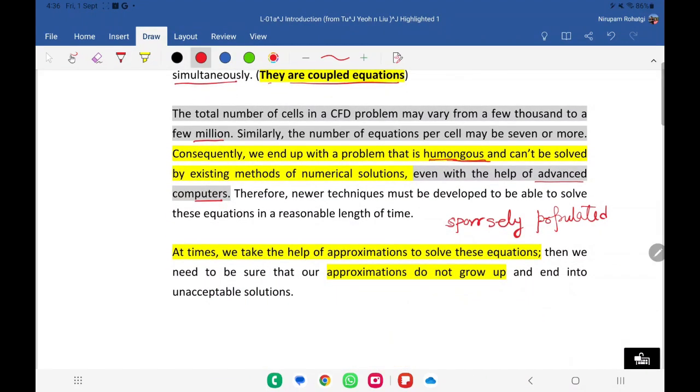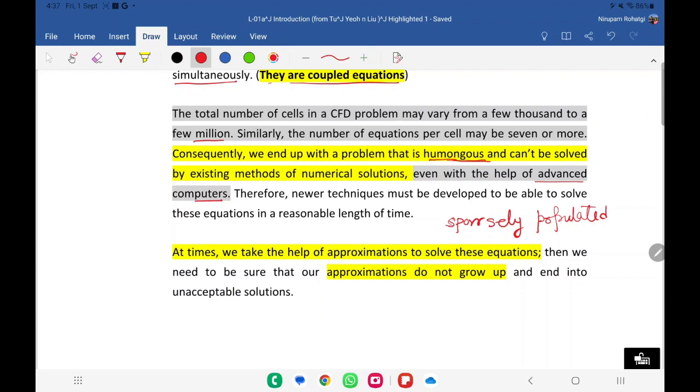Even when you are dealing with 8 million variables, 8 variables for each cell, each equation contains only the neighboring cells as relevant.